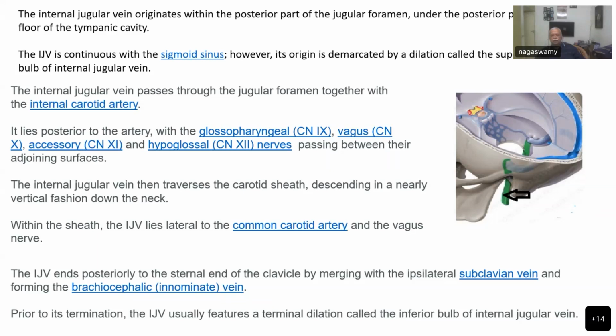The brain blood supply is indirectly measured by the jugular venous oxygen saturation. So for that, instead of passing the catheter towards the heart, we send it in the reverse direction and place it at the superior bulb, the dilatation that is present at the internal jugular vein. So that is where it becomes important.